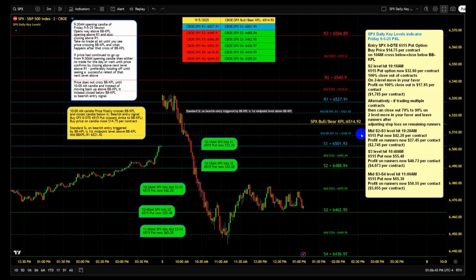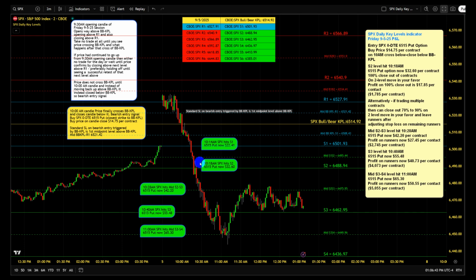So for example, if you were trading 5 contracts and when it hits this level you sold 4 of those contracts, that would be 80%, since 4 is 80% of 5, and then you would leave 1 contract as a runner.